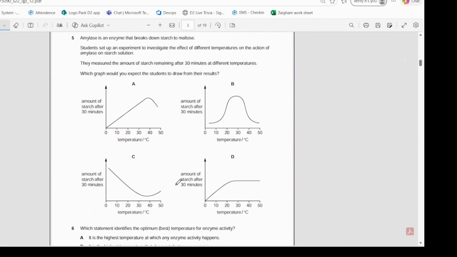Okay. Next question: amylase is an enzyme that breaks down starch to maltose. So according to this, which graph would you expect the student to draw for the result? And the result is, after 30 minutes, they check how much starch remained.